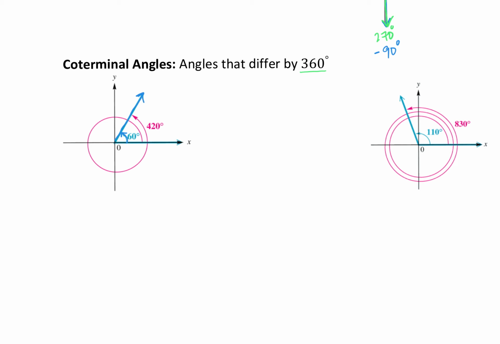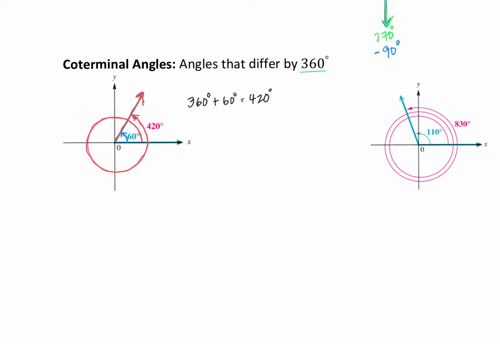And then this second angle, which is coterminal, starts in the standard position. It's going around one full rotation plus another 60 degrees. Terminal side is the same. So what we're saying here is that if you go 360 degrees plus the 60 degrees, that's going to equal 420 degrees.